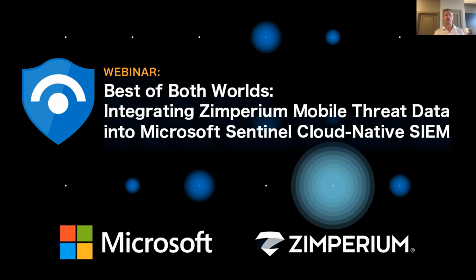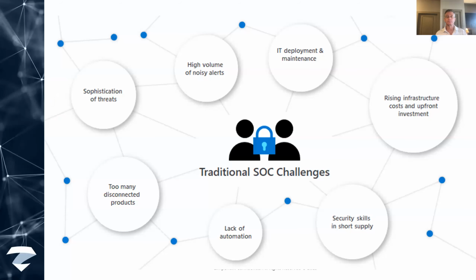At Zimperium we're very big believers in finding a centralized place to not only view data across all endpoints and networks, but also to start orchestrating some responses back out of it. And we're very big fans of Sentinel. But Dave, would you mind spending a few minutes talking about what Sentinel is all about, so that we can then have the context upon which to put the mobile data into it?